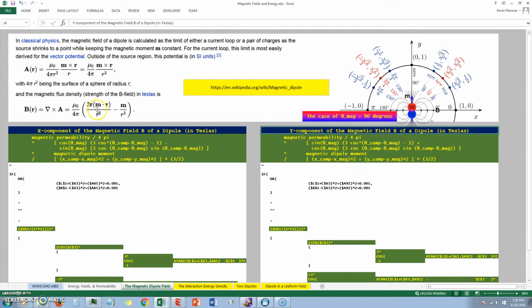And so again, we have the same term here, and here's our unit circle diagram, including our degrees and our radians and our point coordinates, also our x and y axes, of course. This is the case of 90-degree orientation of the magnetic moment, which is represented by vector m.